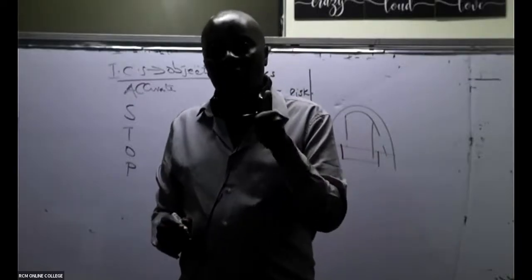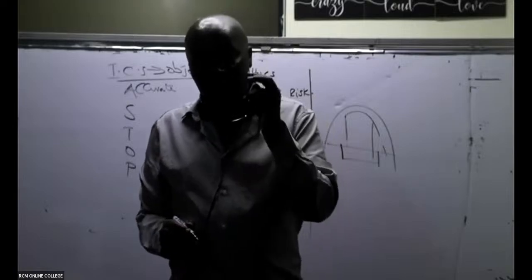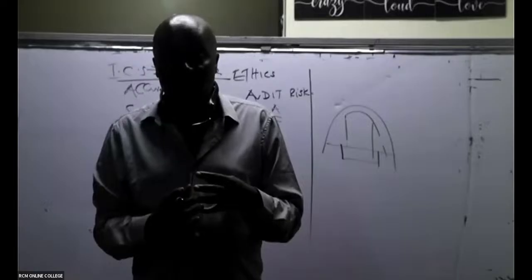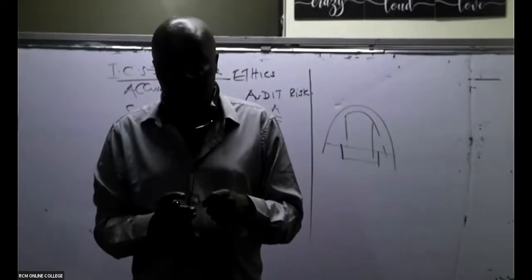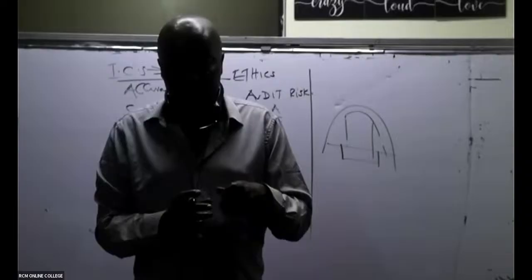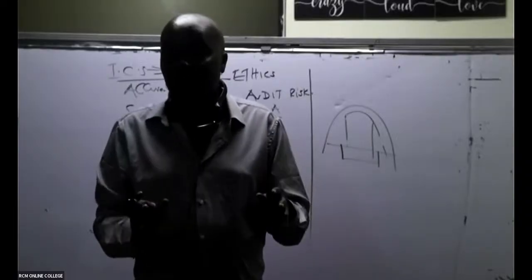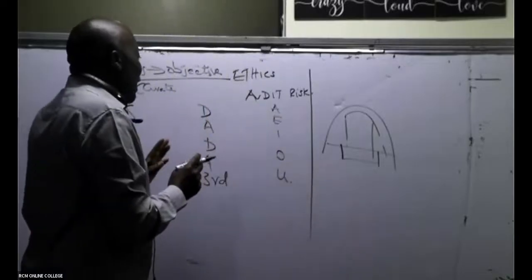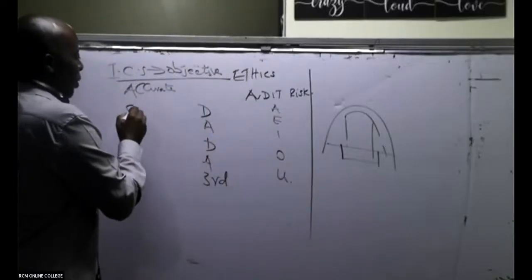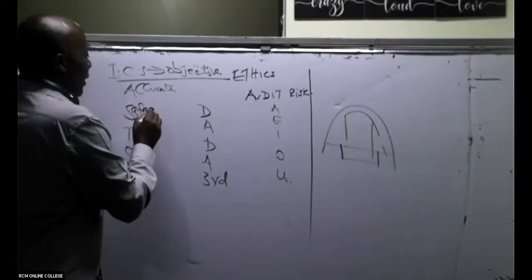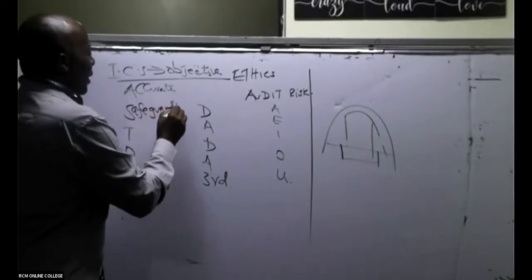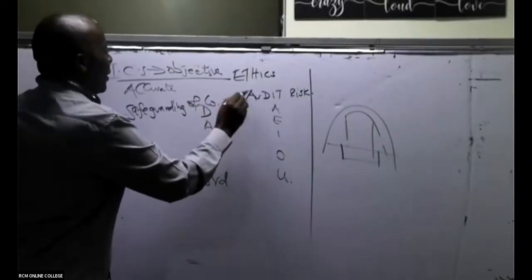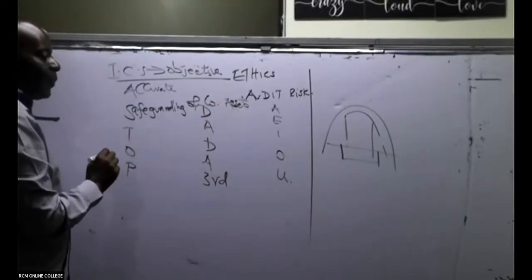If internal control systems are very good, where, for example, we have said that whenever something is to be taken out, there is documentation going out of the gate, then automatically the company's assets will really be safeguarded. So safeguarding of a company's assets is a major objective.